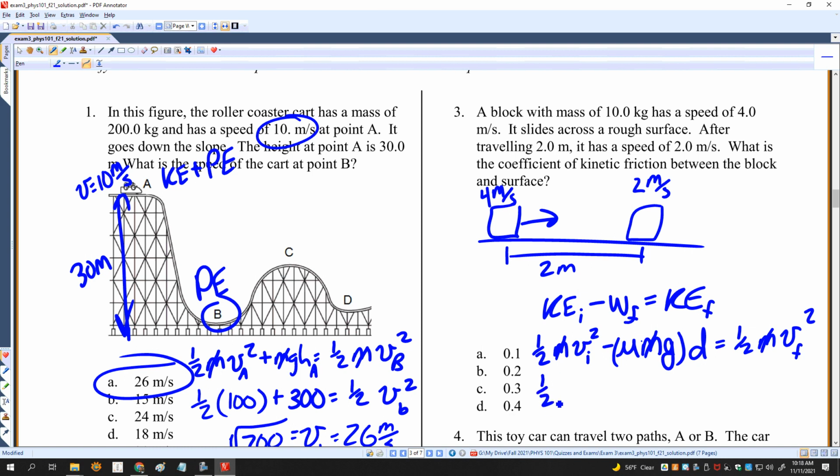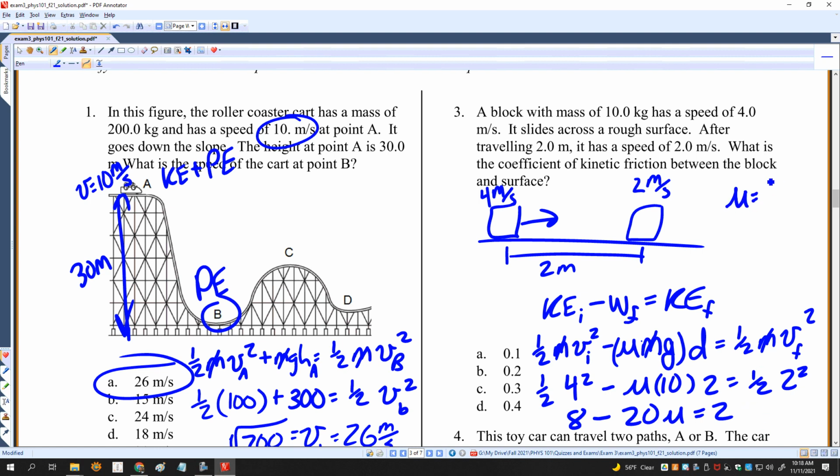So I get 1/2, let's just put in some numbers here, of 4 squared minus mu times 10 times d, which is 2, equals 1/2 of 2 squared. That's half of 16, it's 8 minus 20 mu equals 2. So it's 2 minus 8.